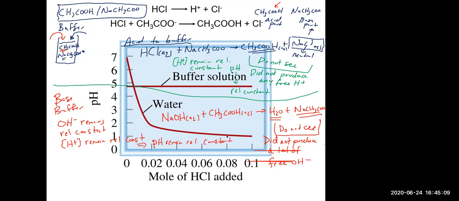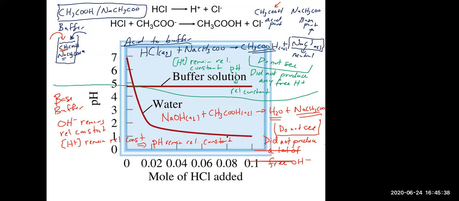So in reality, how a buffer works is because it does contain an acid part and a base part that's in the buffer to begin with. That allows it, when you add either an acid or a base to the buffer, to basically prevent the formation of free H plus, which would happen if you add an acid, or free OH minus, which would happen if you add a base.